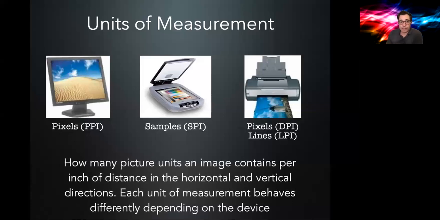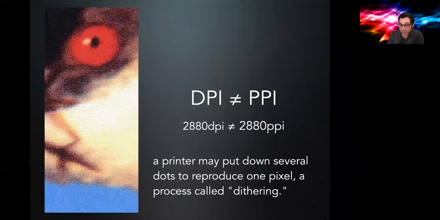And that is how many picture units an image contains per inch of distance in the horizontal and vertical directions. So each unit of measurement behaves differently depending on the device. These are not interchangeable. Sometimes students try to use these interchangeably and it doesn't work. And I'll show you an example.